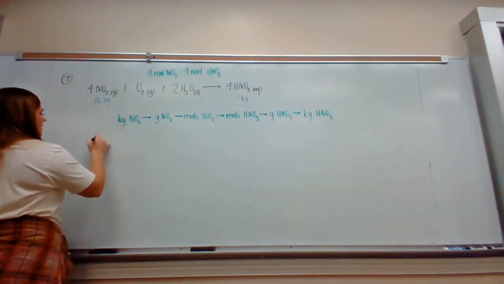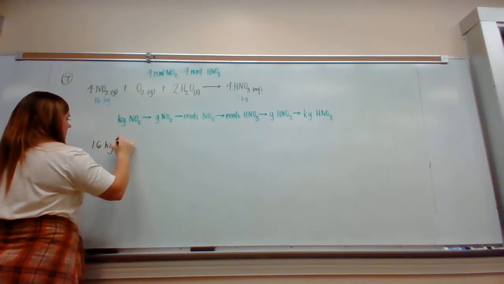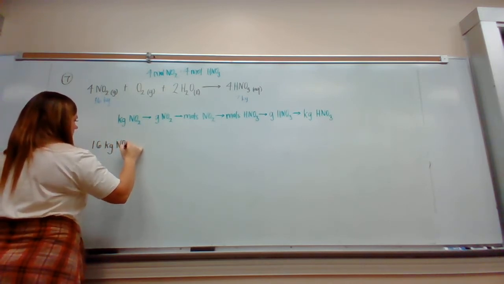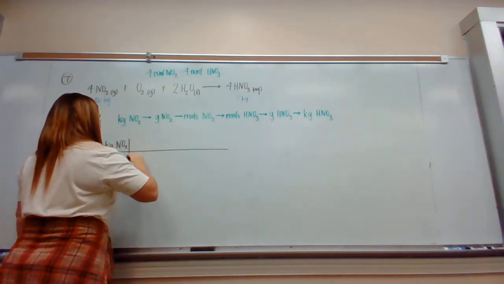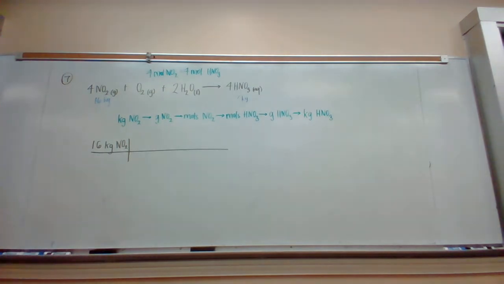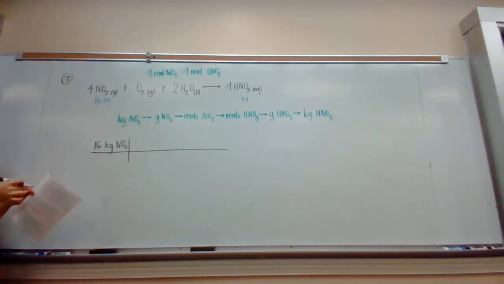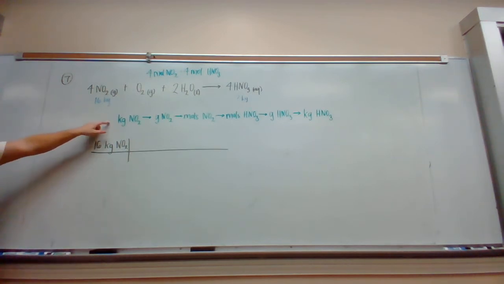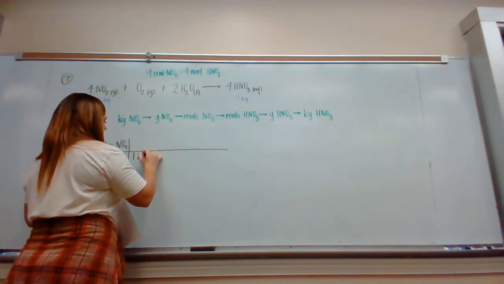Okay, so I'm going to start with what I've been given. That is 16 kilograms of NO2. According to what I wrote up here, the next thing I've got to do is convert kilograms to grams.